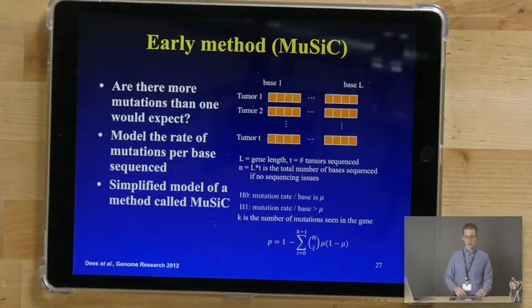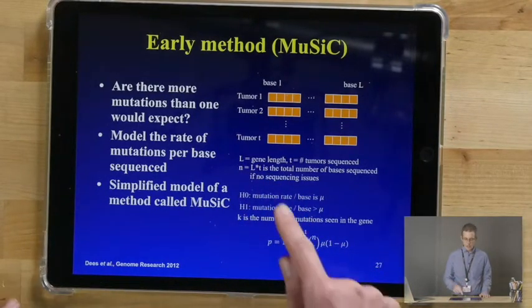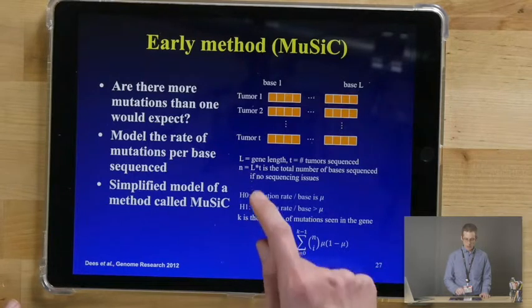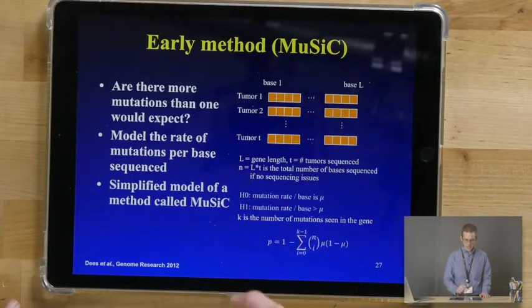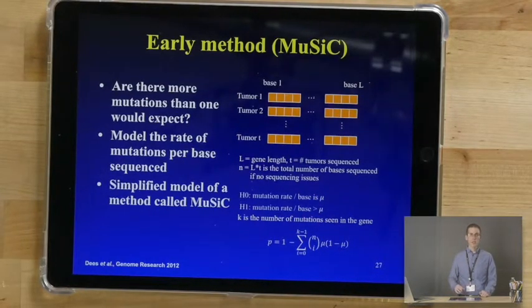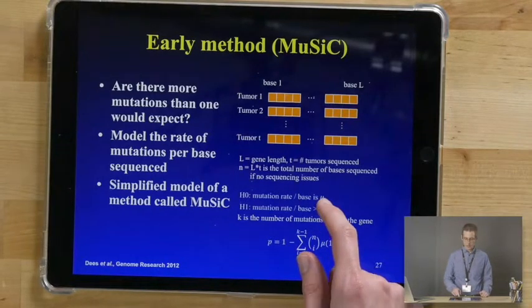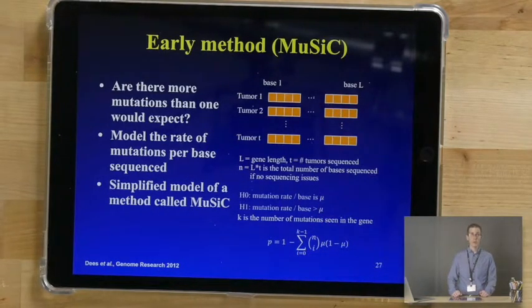So in total, the number of bases that could have been mutated in a large study is the number of tumors T times the length of the gene L. This forms the basis at risk where you could potentially see mutation. And with this, the statistical test for evaluating mutation rate is simply that you have some background rate of acquiring mutations by chance, and that's denoted by the variable mu.